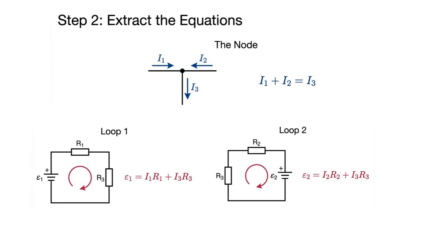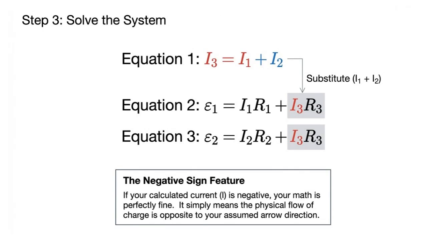Similarly, in the second loop, the voltage from the second power source equals the sum of the voltage drops across resistors R2 and R3 with currents I2 and I3. Now, let's focus on solving the system of equations we established.